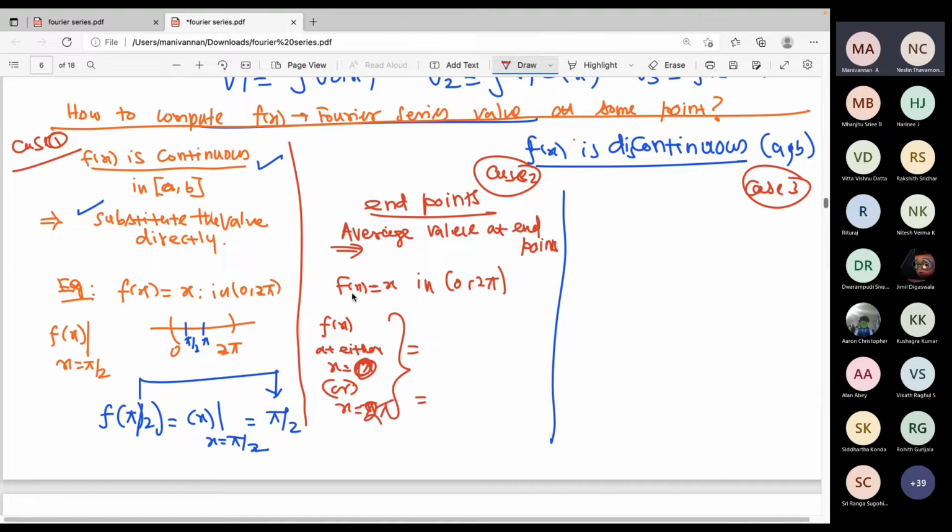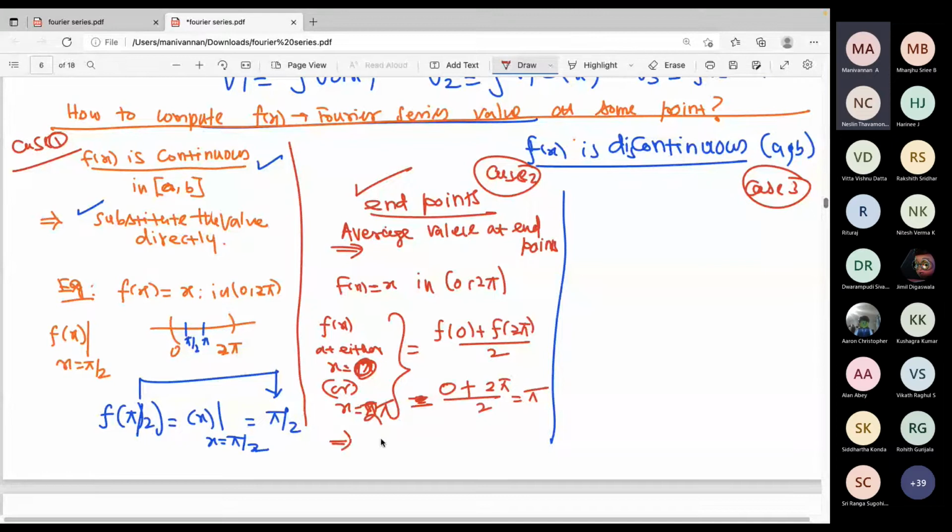You are going to find f of x at either 0 or 2 pi, which are called endpoints. So what will be the formula? It is f of 0 plus f of 2 pi, divided by 2. f of 0 is 0, and f of 2 pi is divided by 2. It is pi.